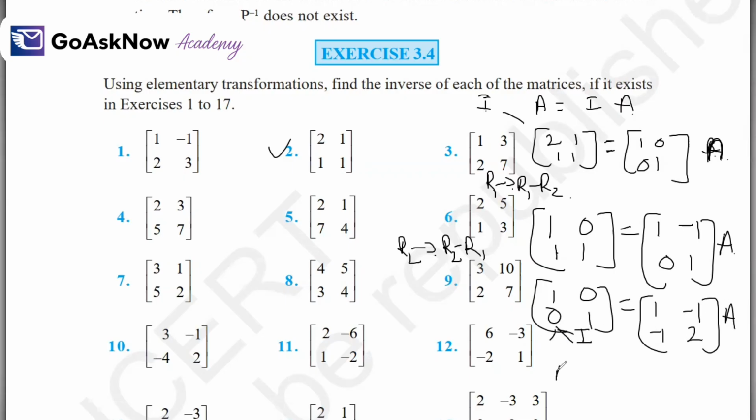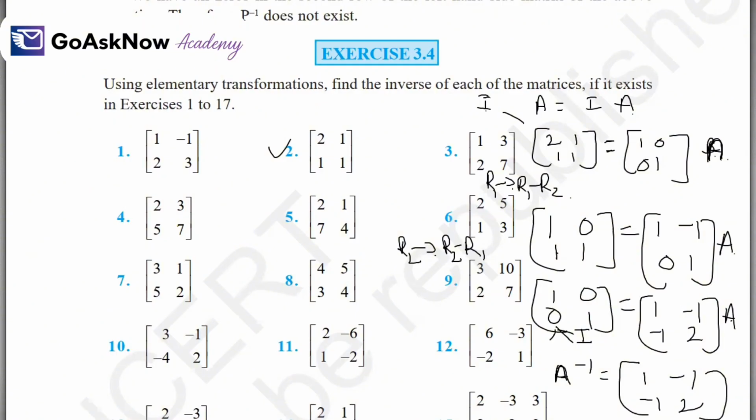So A inverse will be equal to 1, minus 1, minus 1, 2. So this is the inverse matrix for the given matrix 2, 1, 1, 1. You can verify it by multiplying with the original matrix and you will get the identity matrix. So that is how you can solve this question.